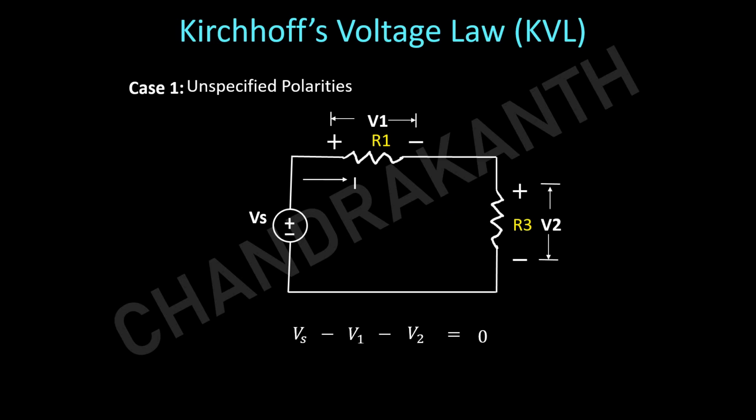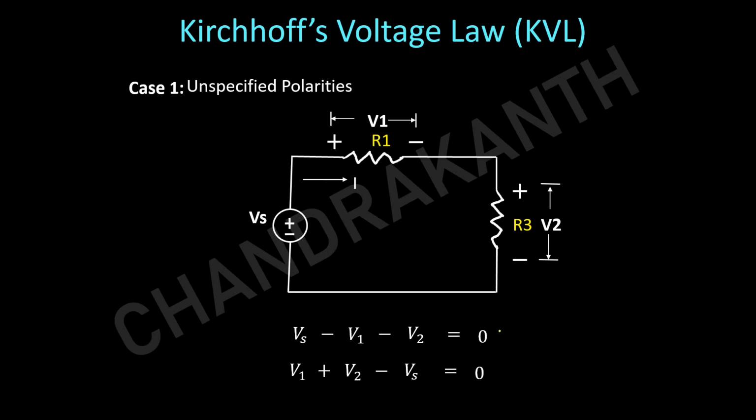The simplest way to represent the KVL is you just pick the entry polarity. In whichever polarity the current enters, you just pick with that sign, that is plus V1 plus V2 and minus Vs equal to 0. So both the equations will result in the same.